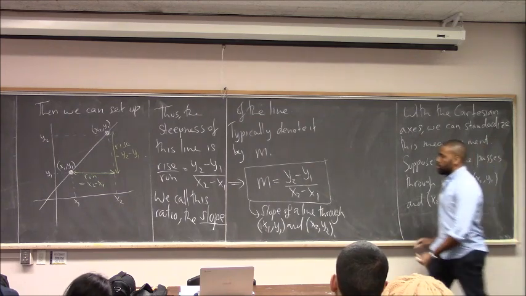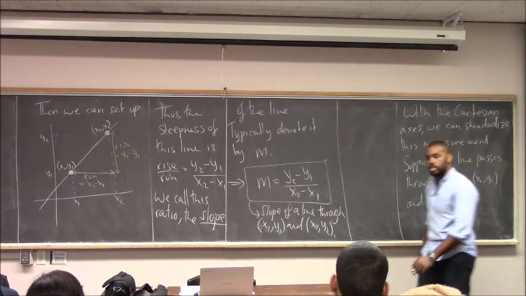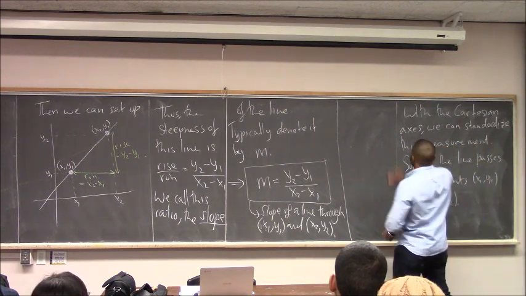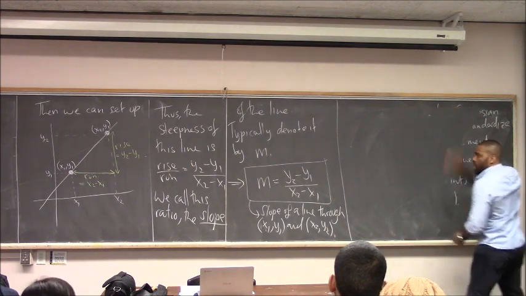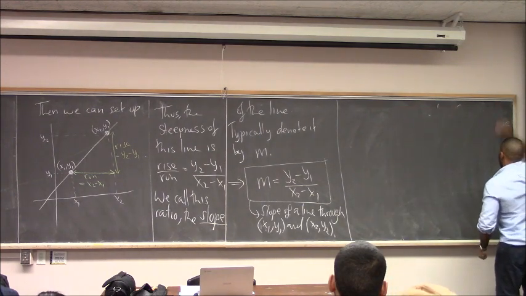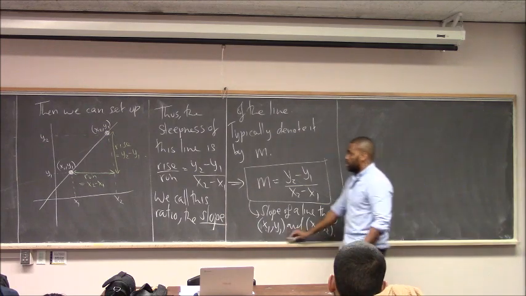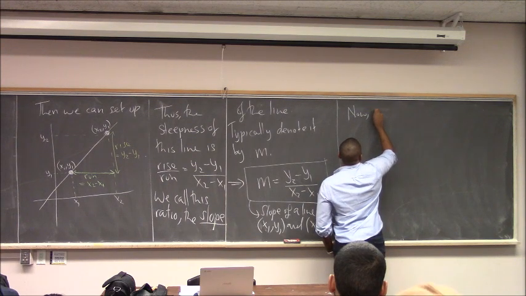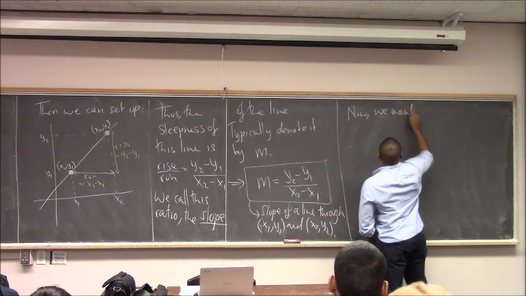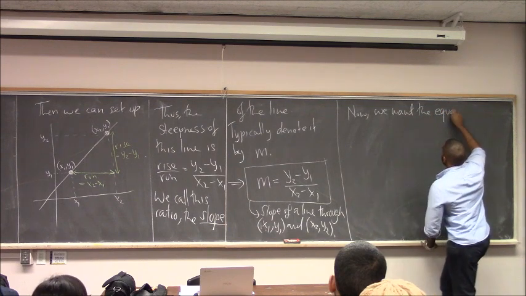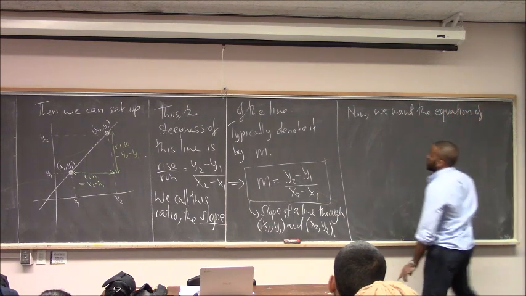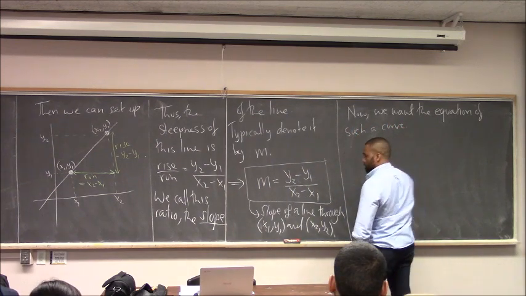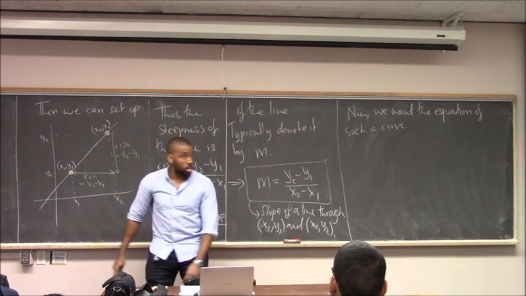So we come up with a curve that has constant steepness, where steepness is measured as the ratio of how high it rises versus how long it's horizontally running. Throwing these on the Cartesian axis allows us to come up with a very nice formula for such a curve. Now, we want the equation of such a curve. How do we find arbitrary points on such a curve?